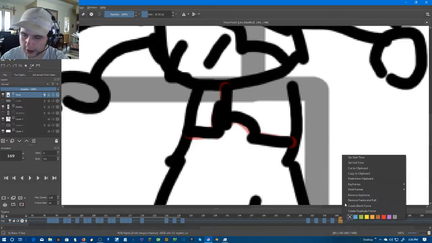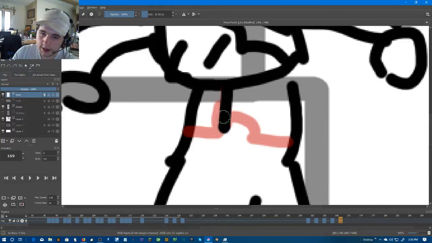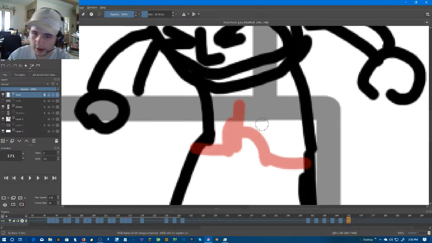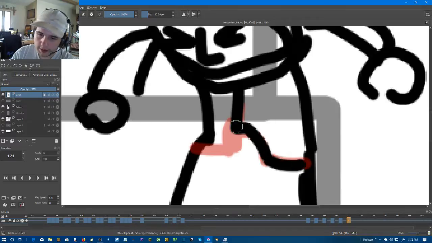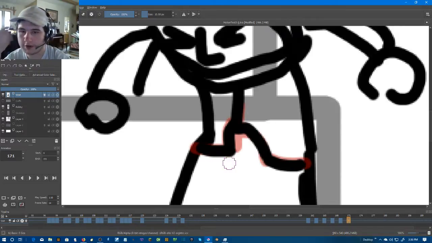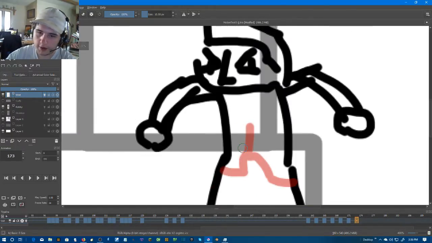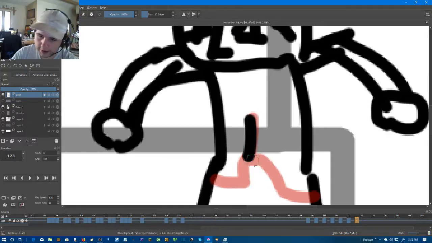I'm doing a whole trace over type technique because this was talked about in a stop motion book that we have. Want to make lines wobbly? You trace over it like 1,000 times. That's basically what I'm doing here. Like, if you watch the last one I did, that's basically what I did over there.